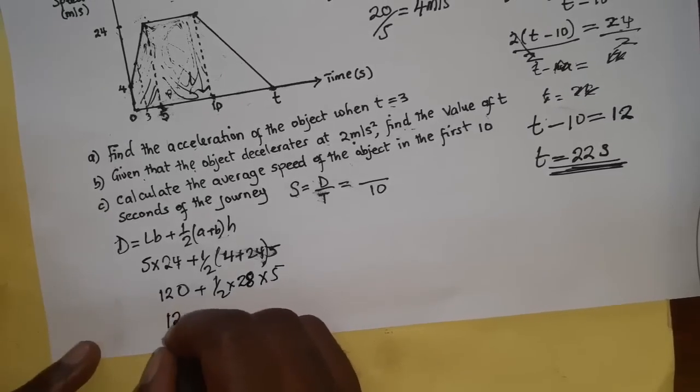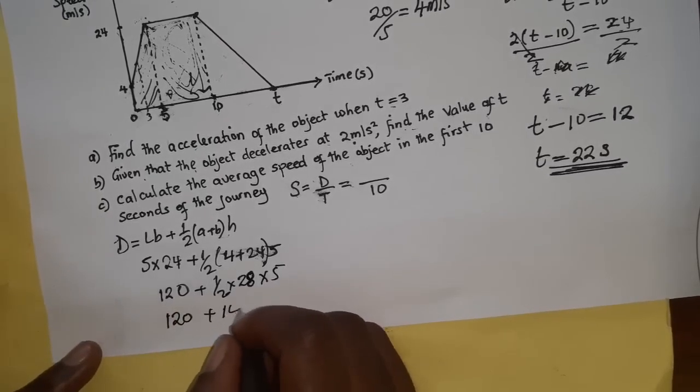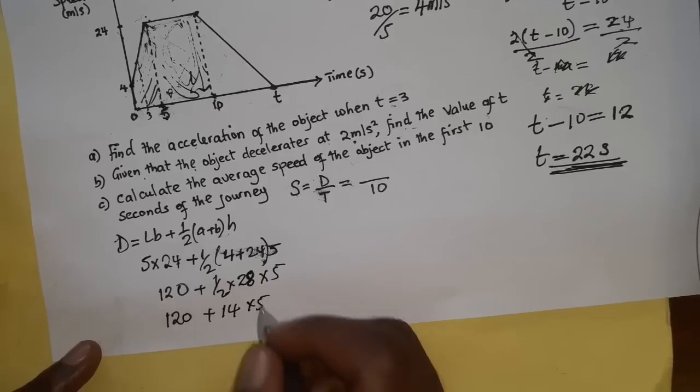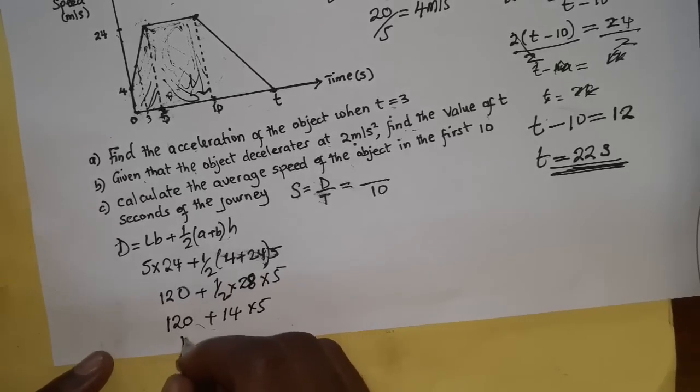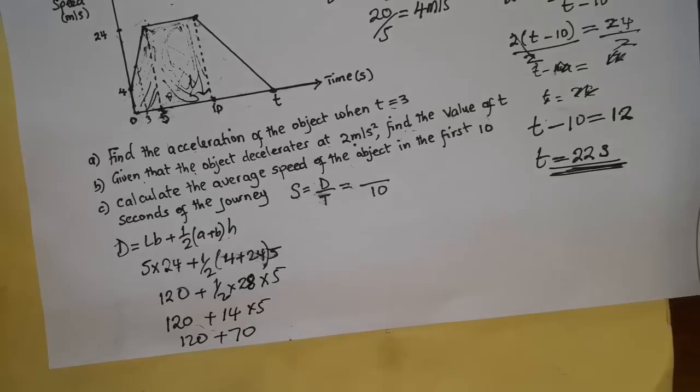So you have 120 plus, you divide this one here to be 14. Then this is going to be 120 plus 70, isn't it?